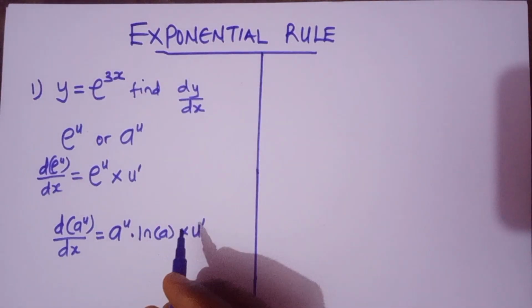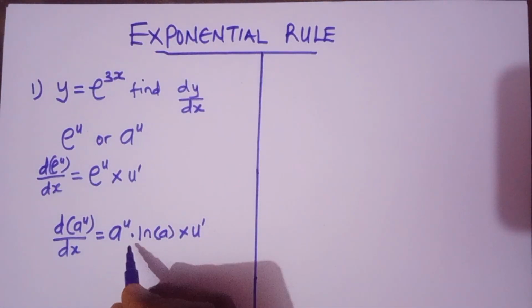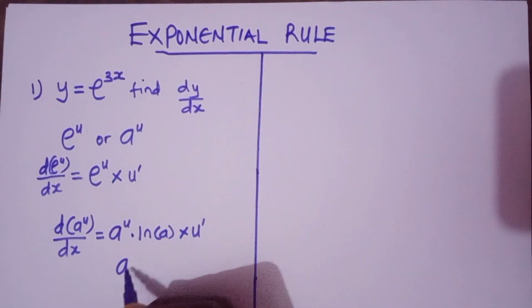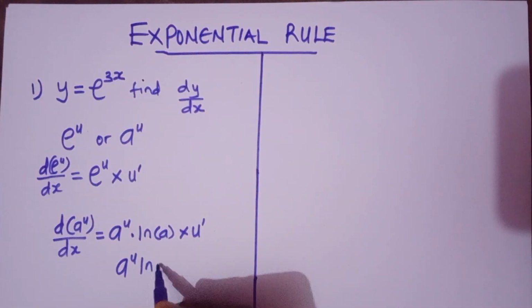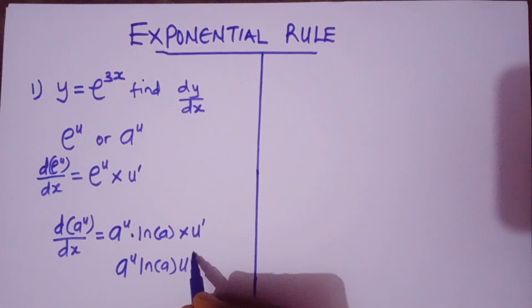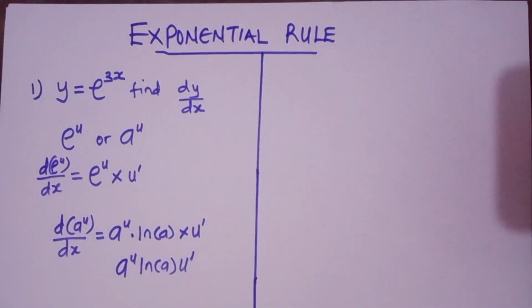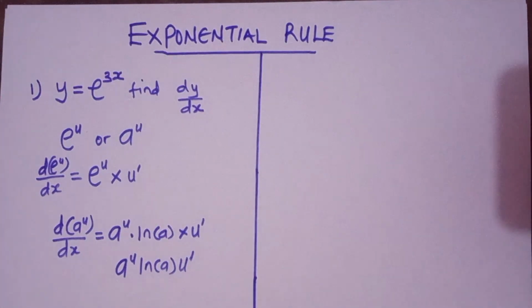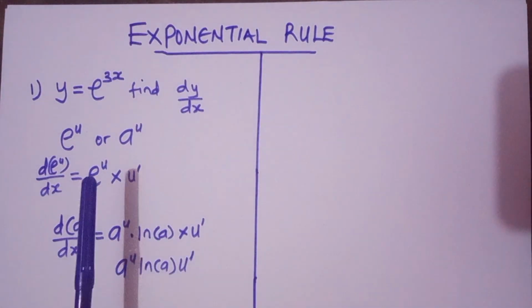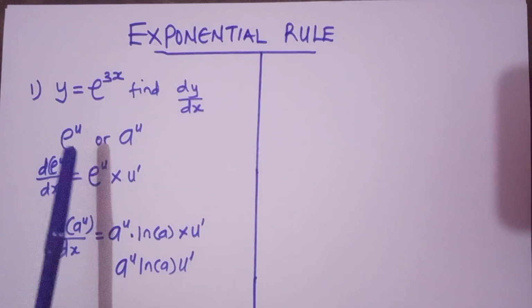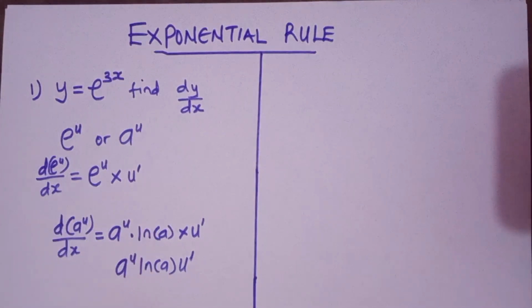So we now have a^u ln a u prime. So that is how it is. This is the exponential pattern and this is the base pattern.